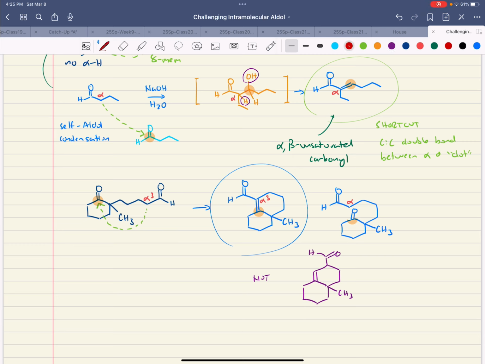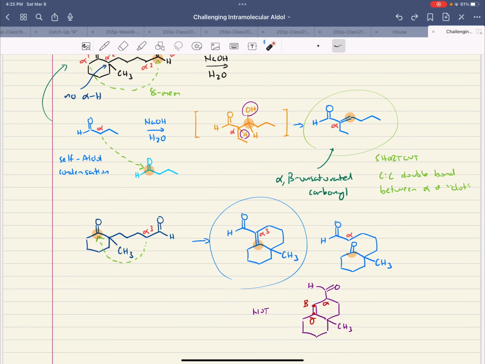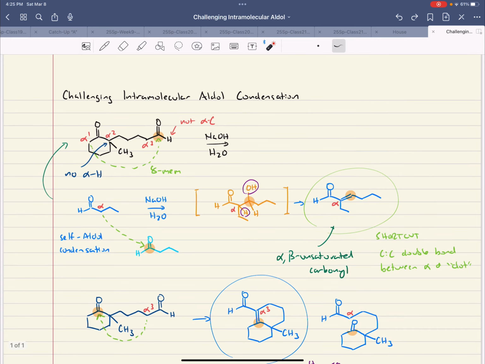I realized that from the alpha position, this is beta gamma unsaturated, not alpha beta unsaturated. Do you see the difference? So I knew that this ketone or this aldehyde was too far away. Okay, that is the challenging intramolecular aldol condensation.